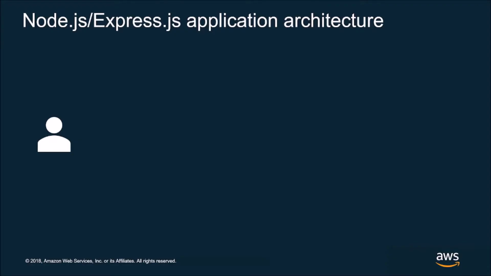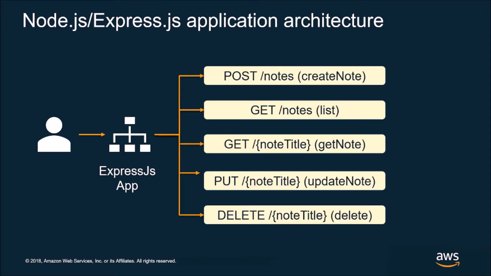In a typical Node.js, Express.js application, a user makes a request into an Express.js application, which acts as a router for your HTTP requests, and the requests get routed to various endpoints that we are seeing over here. These endpoints are for notes creation. There is a POST verb which creates a new note in the system. Then there is an endpoint for getting existing notes or listing those notes.